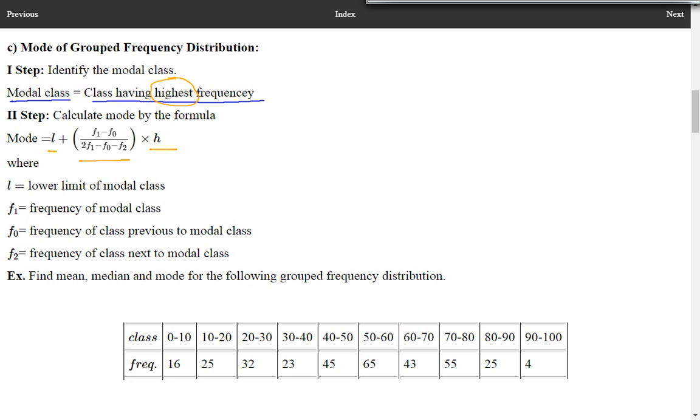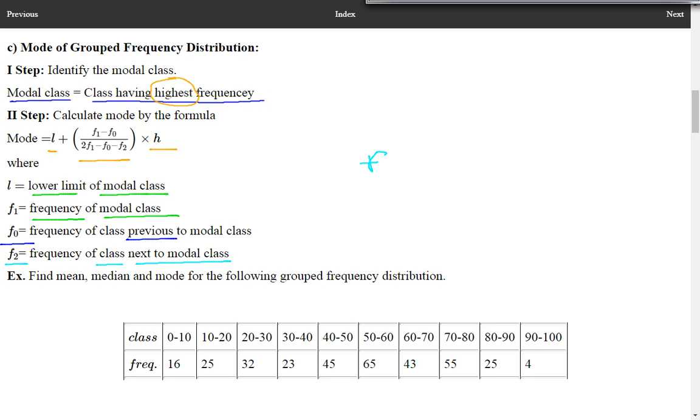So what is L? L is lower limit of modal class. What is f1? It is frequency of modal class. What is f0? It is frequency of class previous to modal class. And f2 is frequency of class next to modal class.